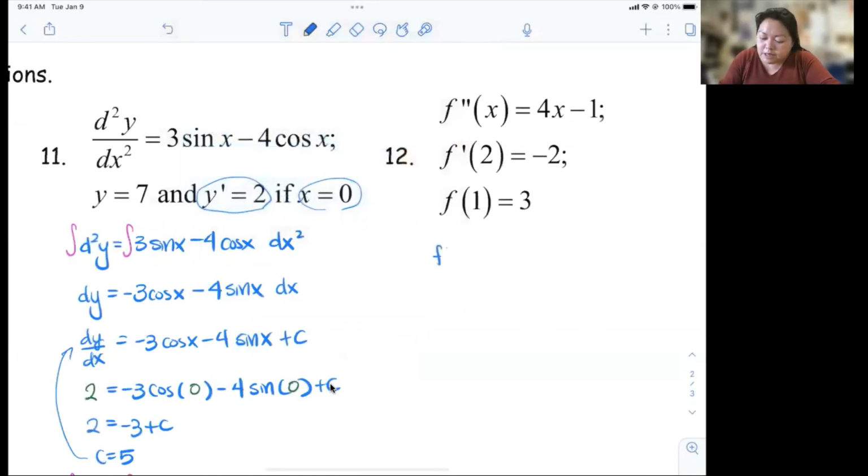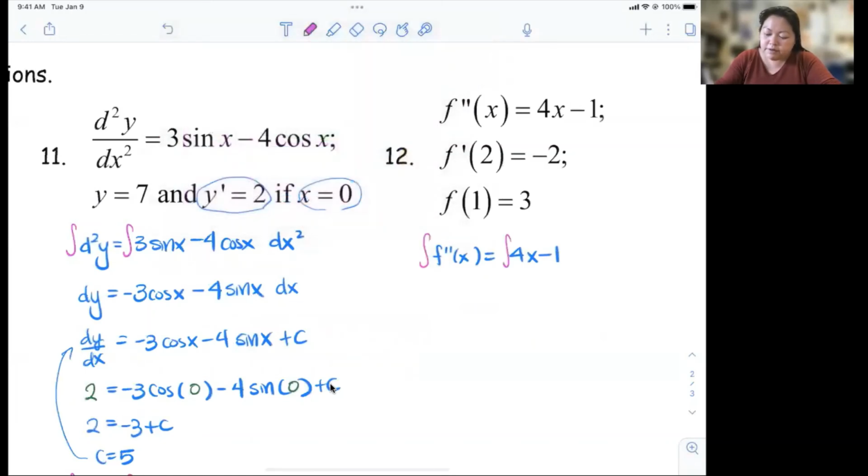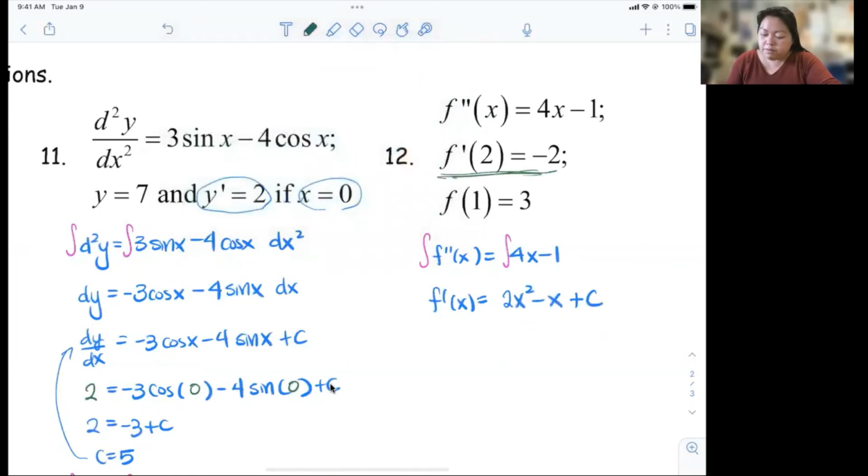So I have f double prime of x equals 4x minus 1. I'm going to take the antiderivative. That way it'll give me f prime of x equals, now again, you have 4x, so 4x squared divided by 2, that gives you 2x squared minus x, don't forget your plus c. So then I can use this first row of information.